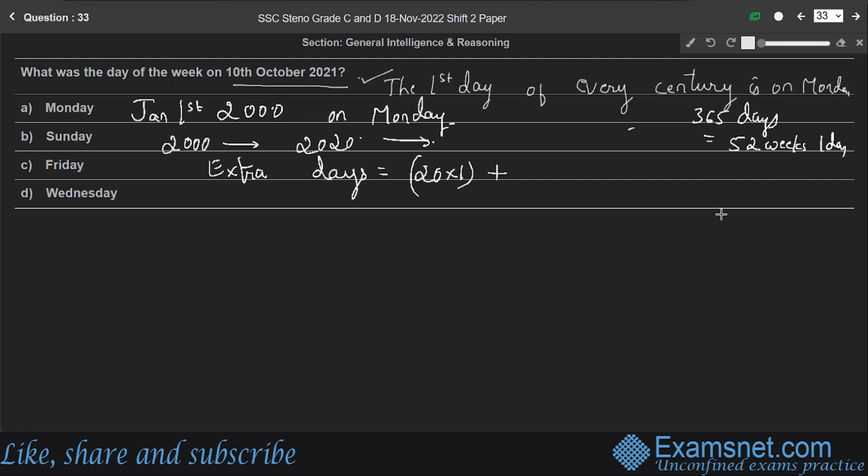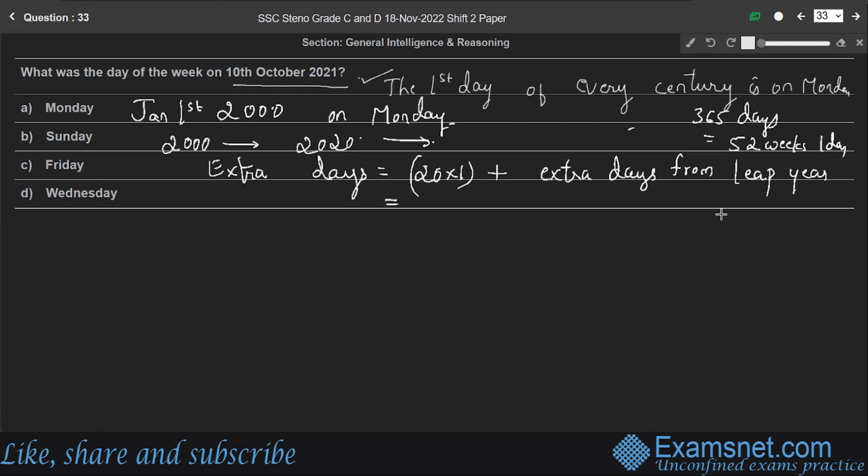Plus extra days from leap years. From 2000 to 2020, after 2000, we have to consider 5 leap years, so 5 extra days from leap years.